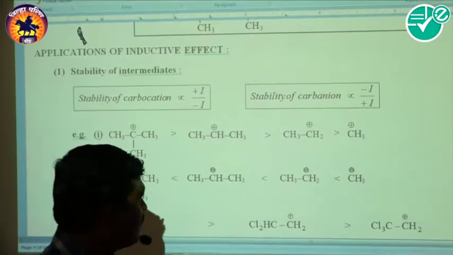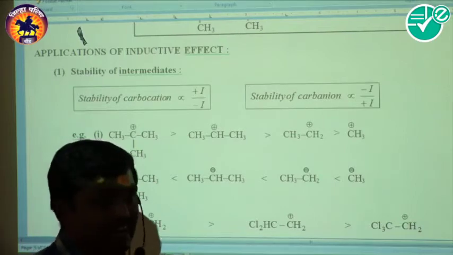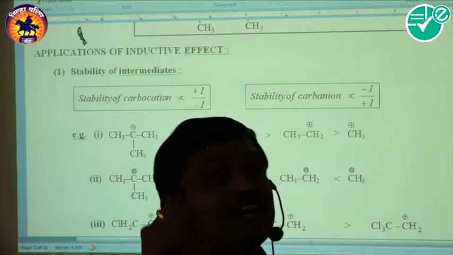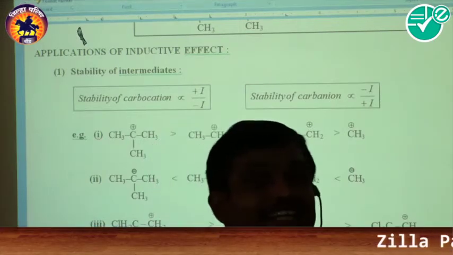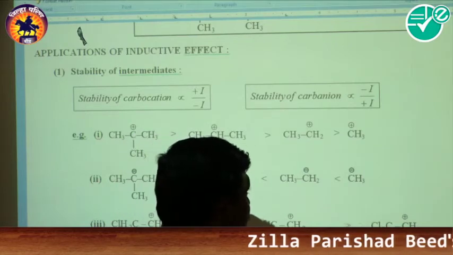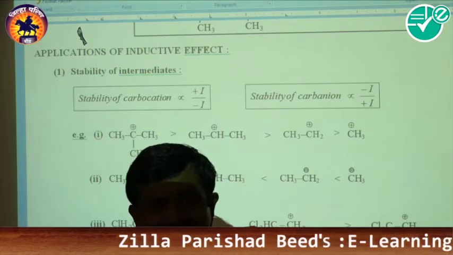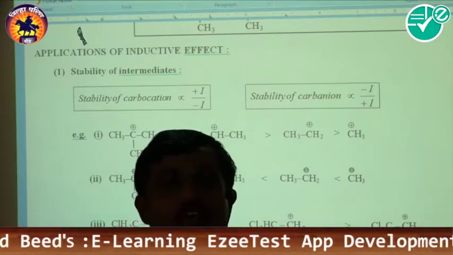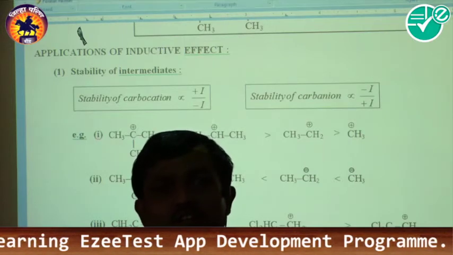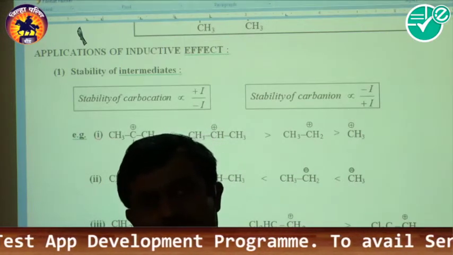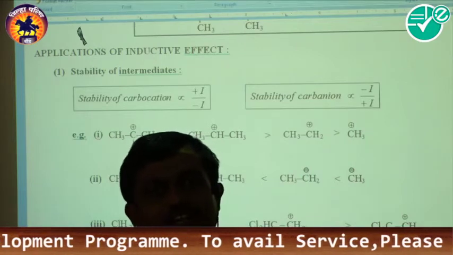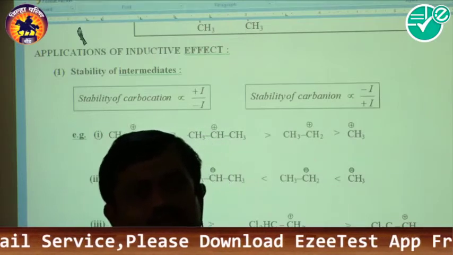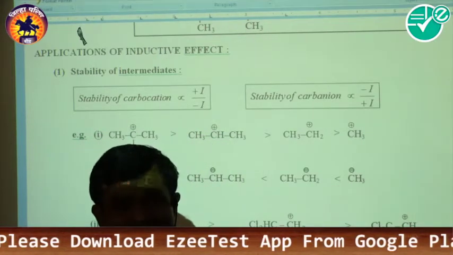Now sometimes if you consider the carbanion, the carbanion is a negatively charged carbon species having 8 electrons in its outermost shell. A carbon having the negative charge has less tendency to carry the electron density, and because of the extra electron density present on it, it has less stability.